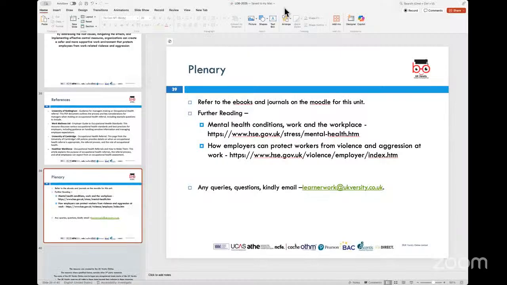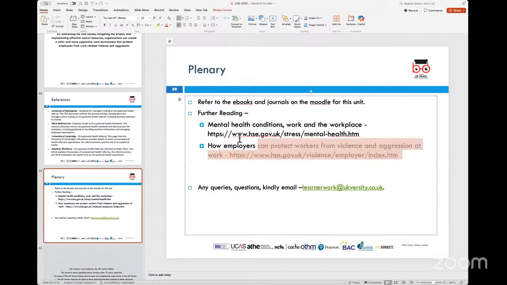Now, this helps us identify and clearly note the importance of understanding the cause, effect, and identification of work-related violence and aggression. These are the two articles that I would suggest for additional reading. One for criteria 6.4, so I'll mention this here.